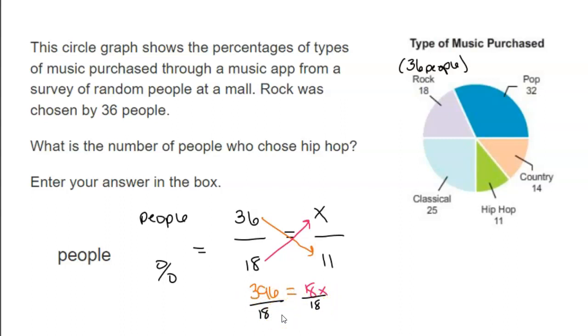So 396 divided by 18, x is going to equal 22. And that kind of makes sense, so we're talking 22 people here. If we got some bigger number, like in the 60s or something weird like that, we would question it, because this is a smaller portion of your pie chart than rock. So we don't want to get a bigger number.